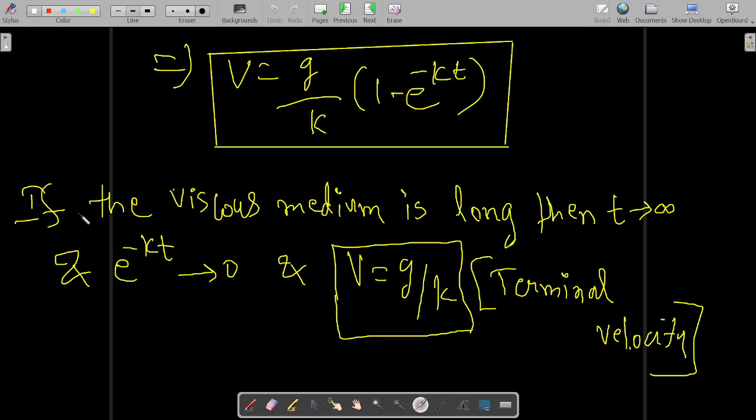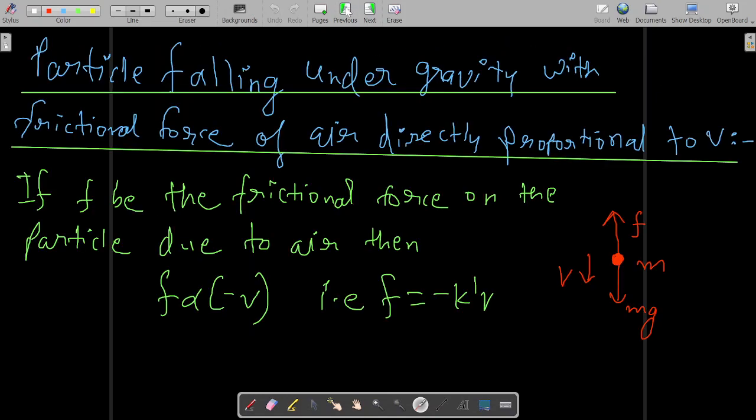If the viscous medium is long, then what happens? If suppose the viscous medium is long, then t tends to infinity. It will take a lot of time. Over here the body was falling under gravity, and suppose the path is very long.